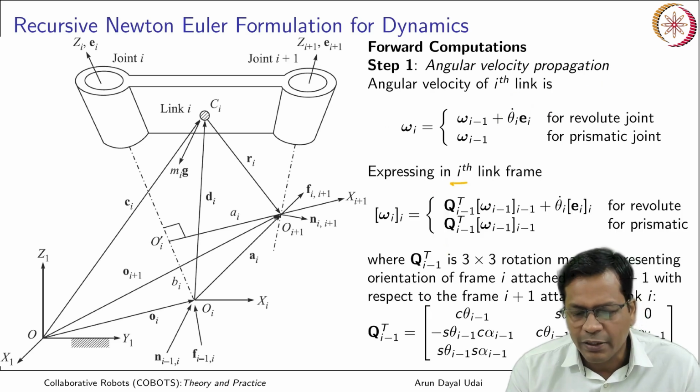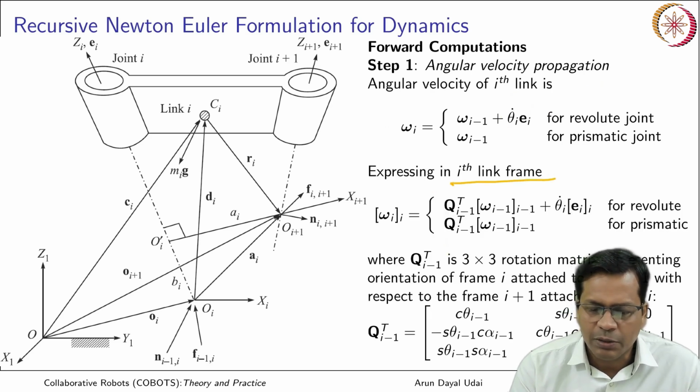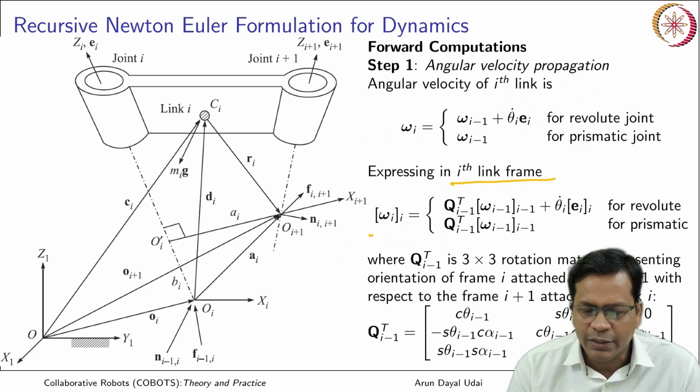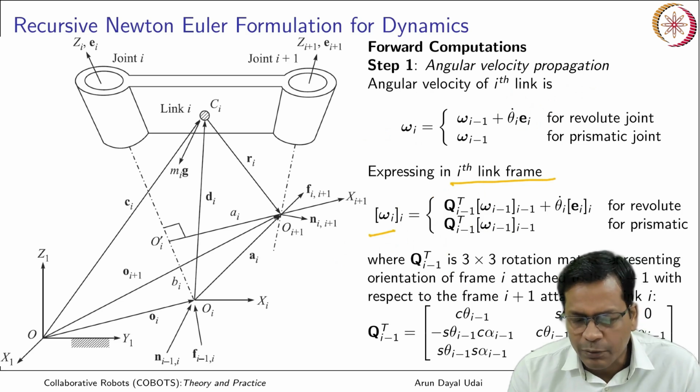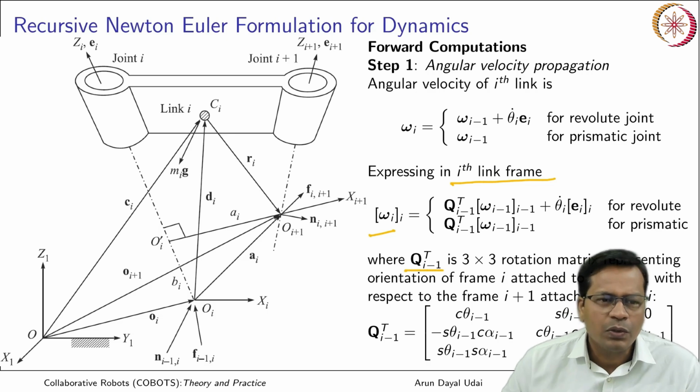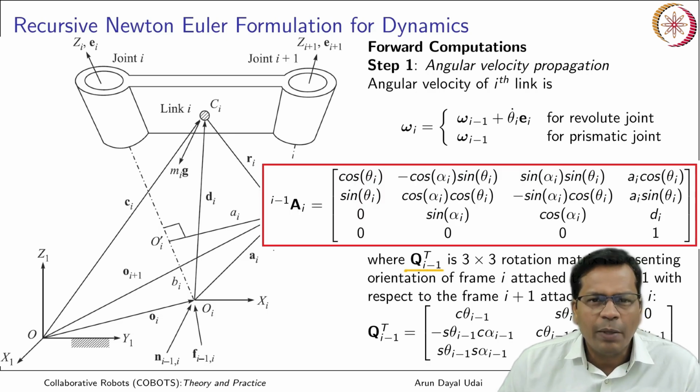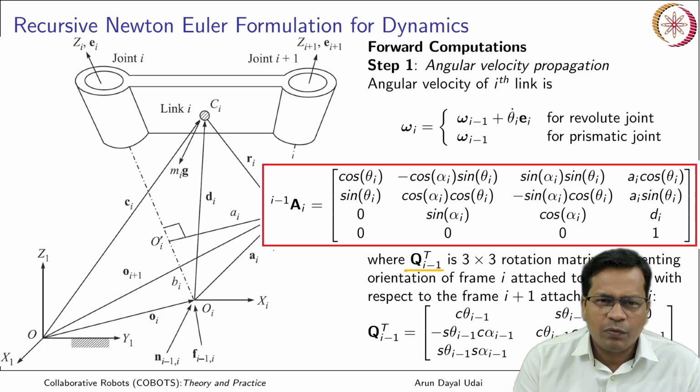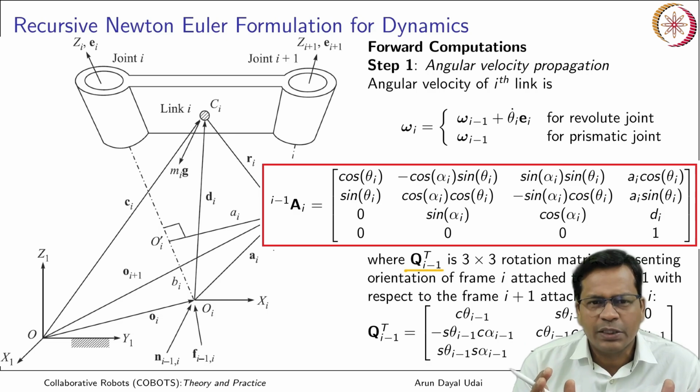The same can be expressed in the ith link frame like this. So what is Qi transpose here? If you remember, this is your forward kinematic equation for one link, from link i minus 1 to i. This is the transformation matrix you already remember. The upper 3 cross 3 part contains the orientation matrix Qi. Over here it is Qi minus 1.